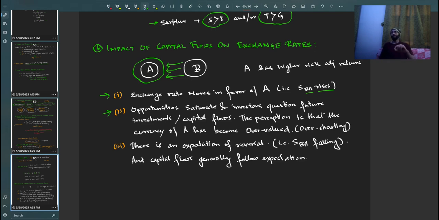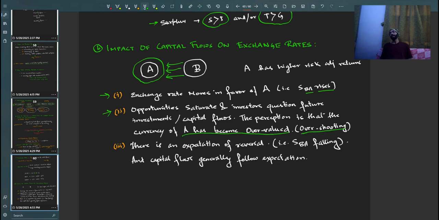This is the question that investors start asking in the second phase. The perception is that currency A can be overvalued, that it has been over-invested upon. The currency has become too strong by influx of capital in a very fast pace. And this process is called overshooting.